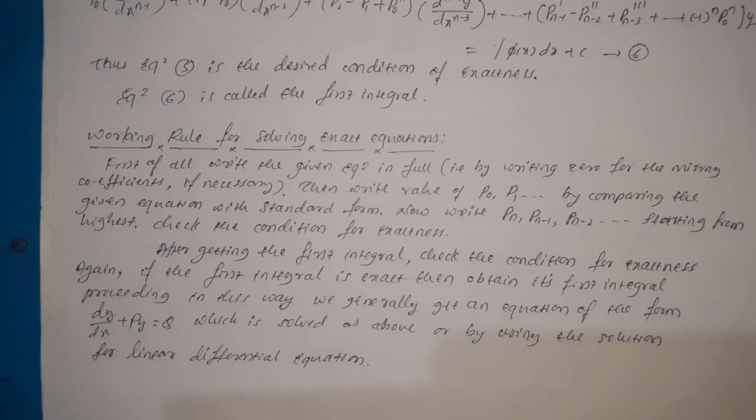Then apply the condition for the cubic equation, and it will become a second order equation. Again apply the condition for exactness, and it will become a first order differential equation. Once you get the first order differential equation, you can apply the condition for exactness or directly solve it by the linear differential equation, which you know how to solve.